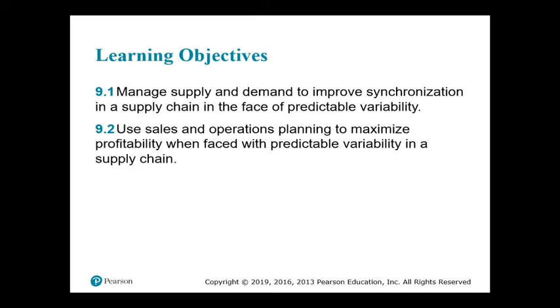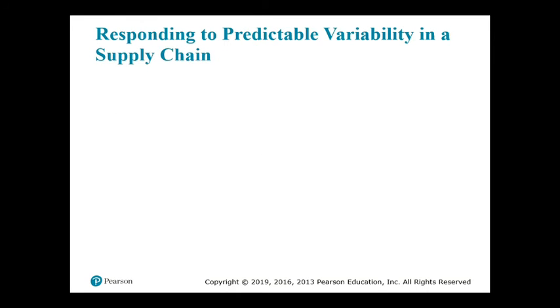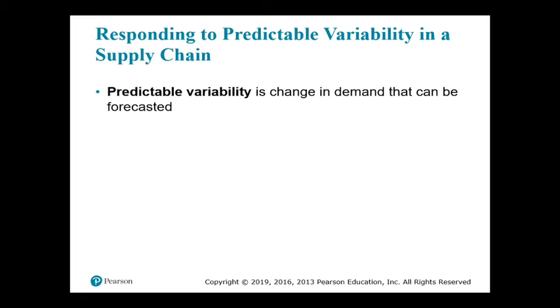And when we're facing variability, how do we use sales and operational planning to maximize profitability? So our focus is within the realm of predictable variability. Basically, the variability that's embedded in your forecast, right?